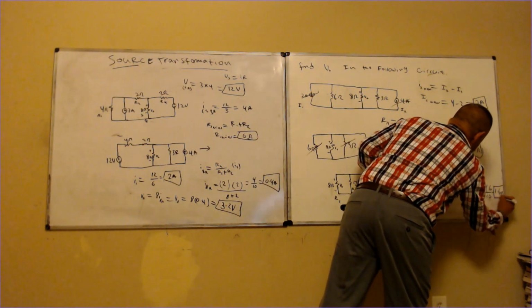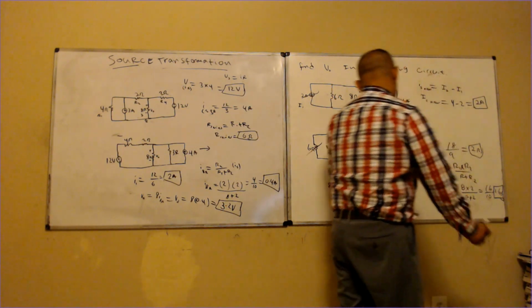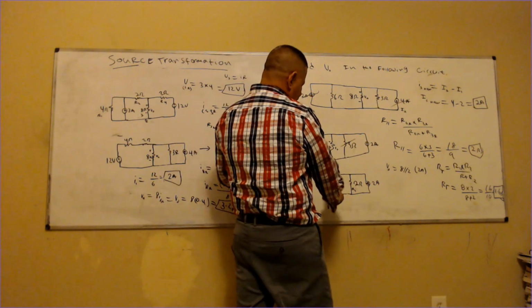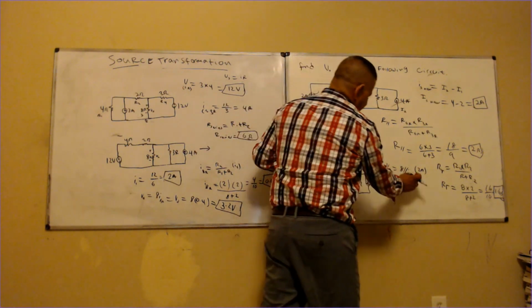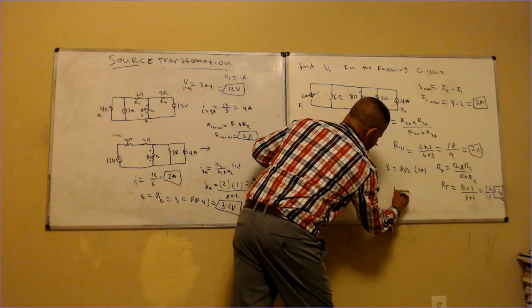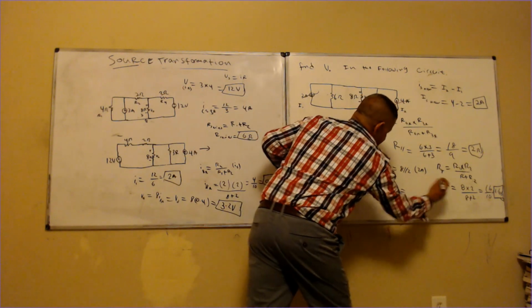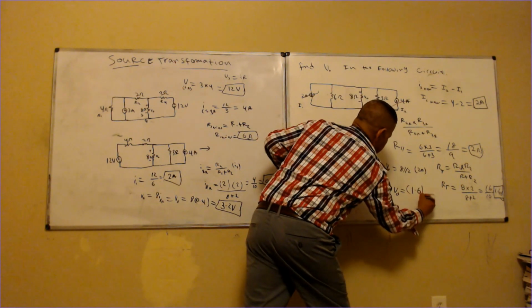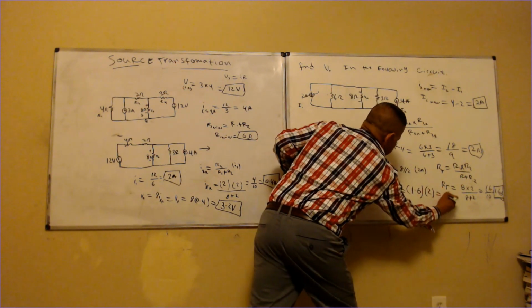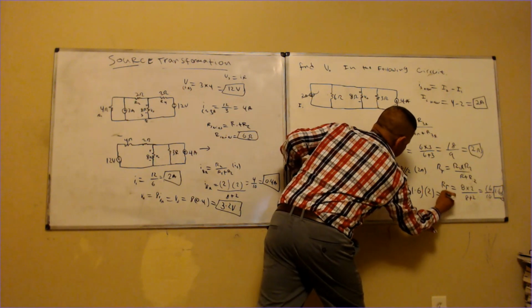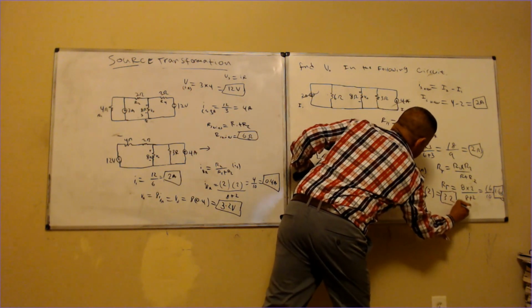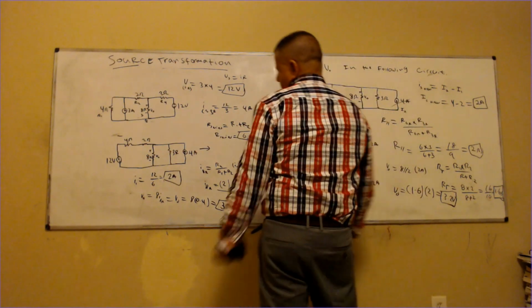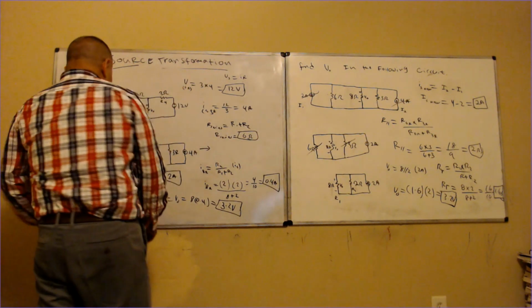Now V out is going to be 1.6 times 2, which is equal to 3.2 again. So 3.2 volts. You can see that it's the same thing.